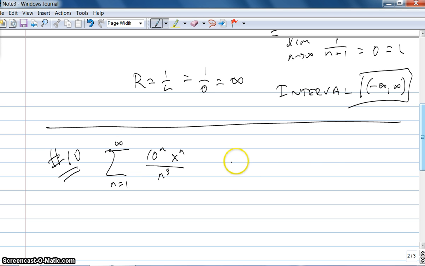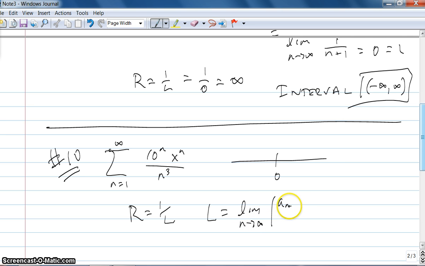Find the radius and the interval. The center point here is 0 because of the x. And now I'm going to focus in on the 10 to the n over n cubed to find the radius. So remember, radius is 1 over L, where L is equal to the limit as n goes to infinity of a sub n plus 1 over a sub n.